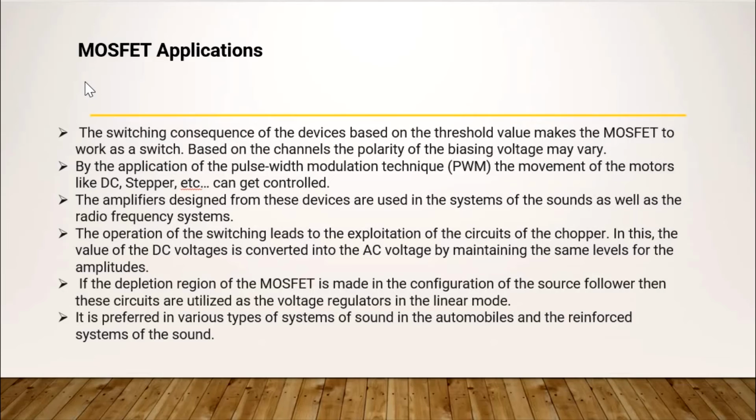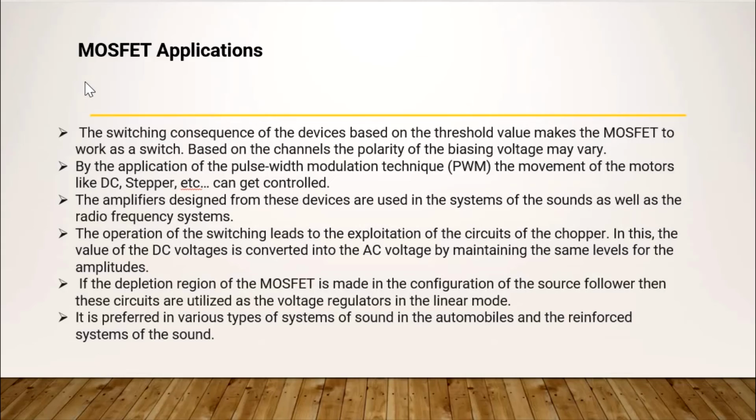MOSFET applications. The switching characteristics of the device based on the threshold value make the MOSFET work as a switch. Based on the channels, the polarity of the biasing voltage may vary. The second one is the application of the pulse width modulation technique (PWM).